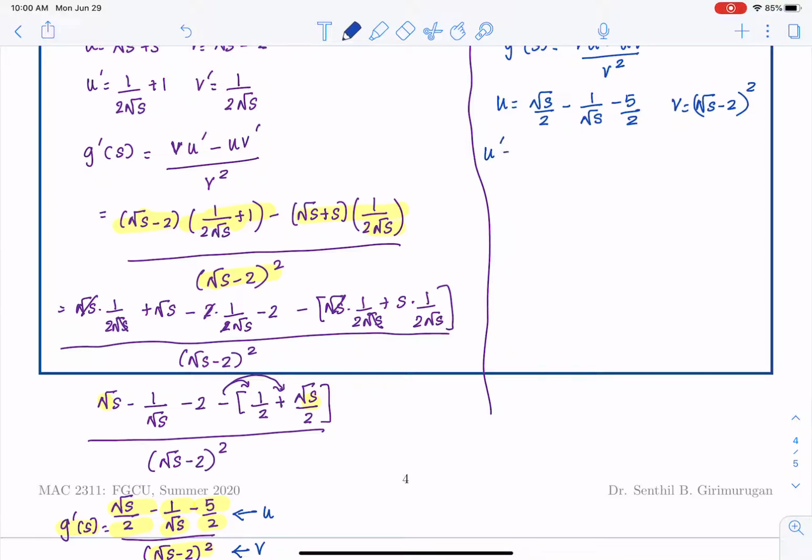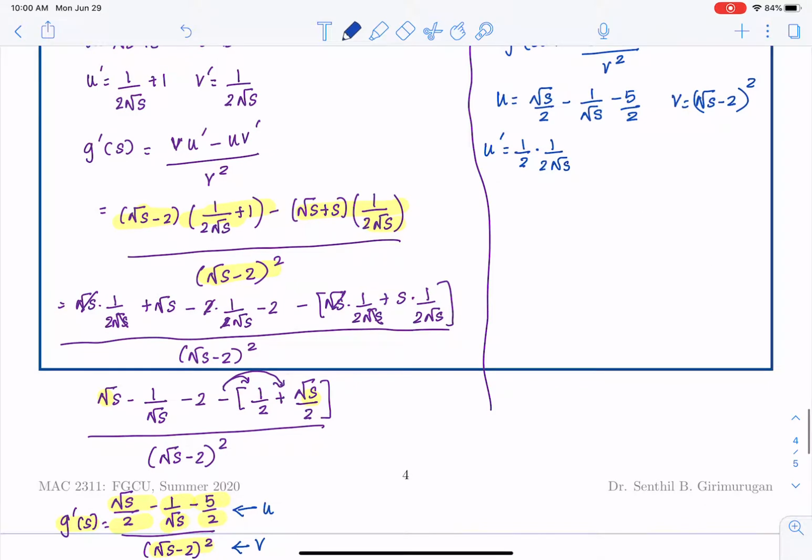U prime is 1/2 times the square root of s, which is 1 over 2 square root of s. The derivative of negative 5 over 2 is constant. Let me rewrite this so that we can follow it better. Move the square root of s to the numerator. It would become s raised negative 1 over 2 minus 5 over 2.